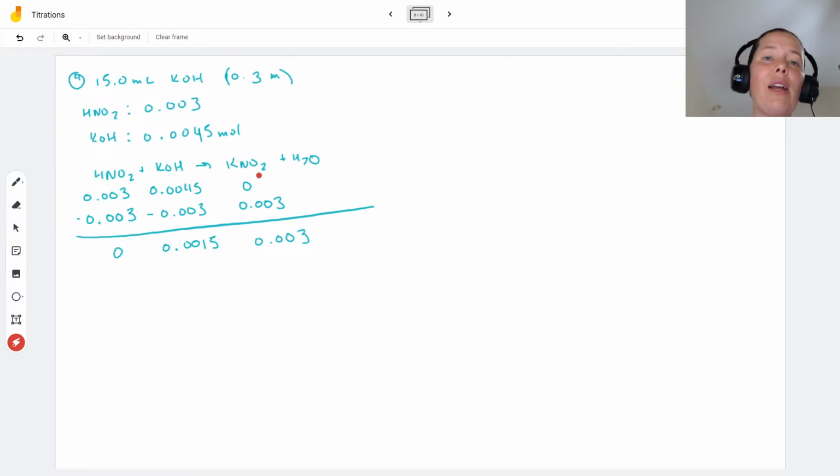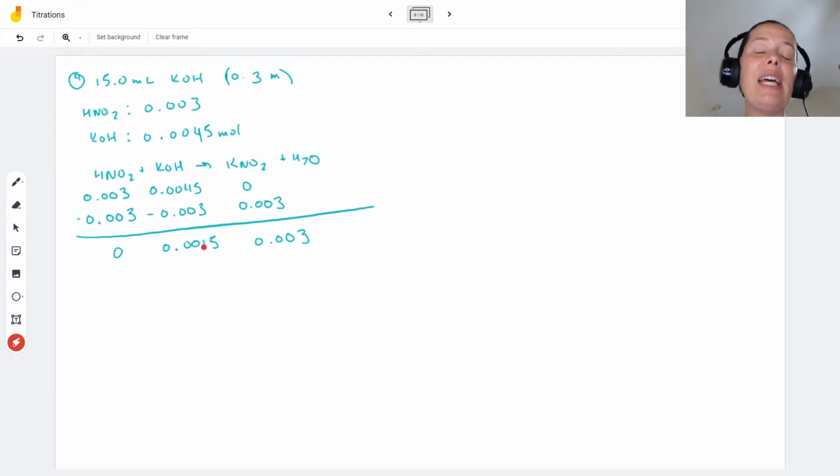This is kind of like when we're dropping the minus x from our equilibrium calculation. This is the same thing. We do not have to worry about this concentration here for this calculation. We can solely focus on our strong base because that is what is going to determine our pH at this point. So that makes it easy because now we don't have to deal with an equilibrium problem.